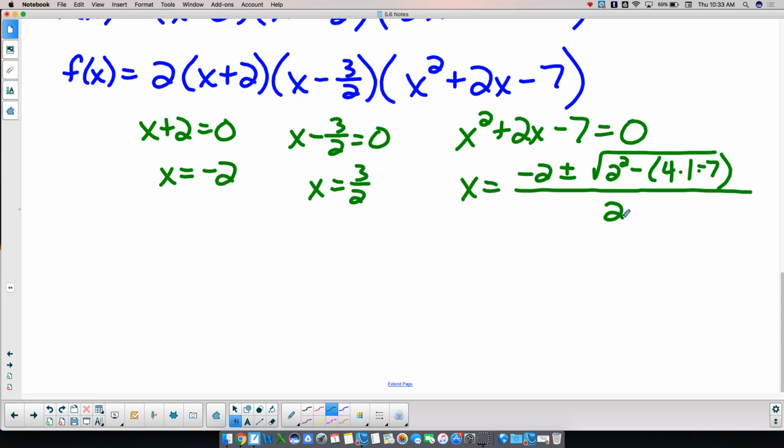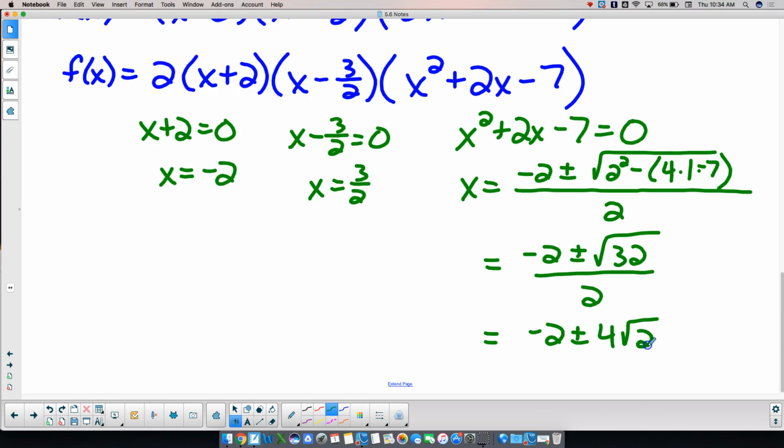4 times 1 times negative 7 is negative 28. 2 squared is 4. 4 minus negative 28 is 32. The square root of 32 simplifies to be 4 times the square root of 2, 16 and 2 there.